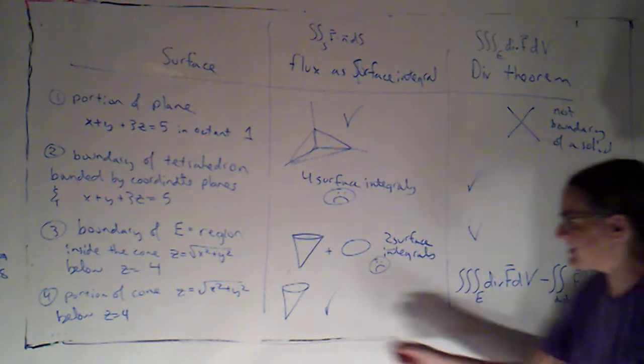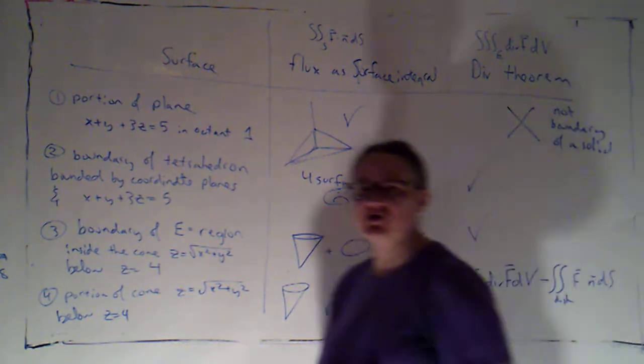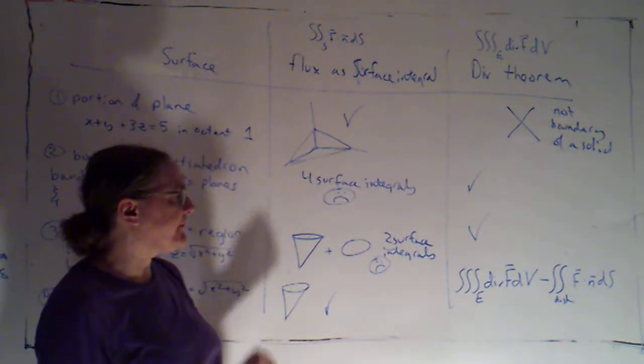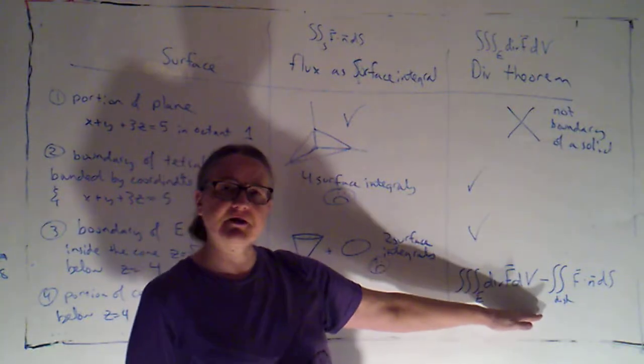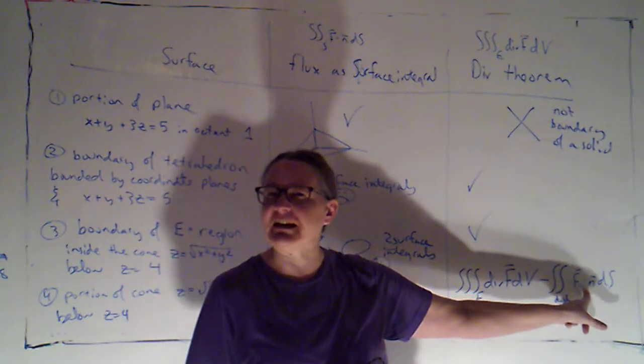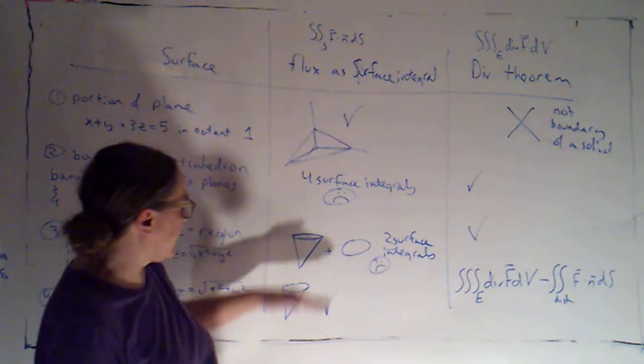In general, I think it's likely to be simpler to just do 1 surface integral, so that's what I would probably do. But every once in a while, I'll see people opt for something like this, and that's simply because this surface integral is usually pretty nice.